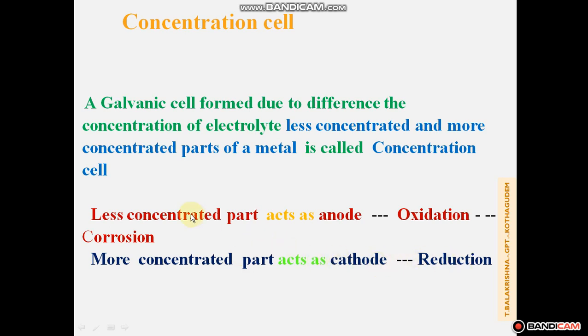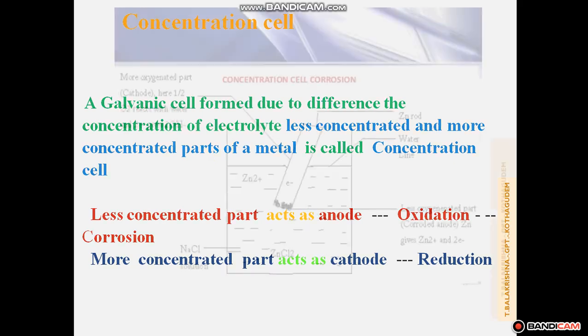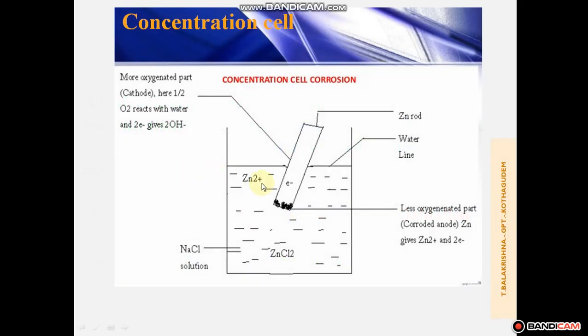Students, this galvanic cell is formed due to the difference in concentration of electrolyte. We saw the diagram. I will try to explain by using this picture. In this picture, the zinc metal is partially immersed in the solution of neutral sodium chloride. This zinc metal piece is dipped in the neutral sodium chloride solution, partially dipped.